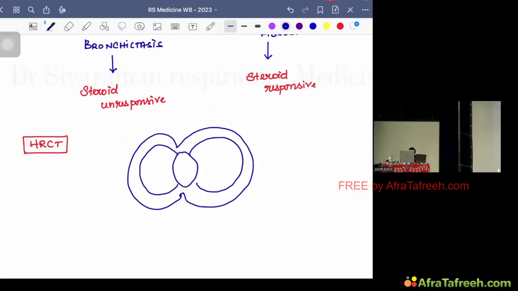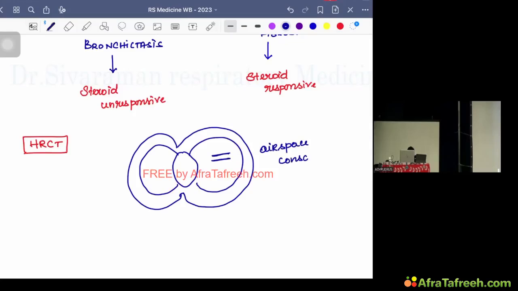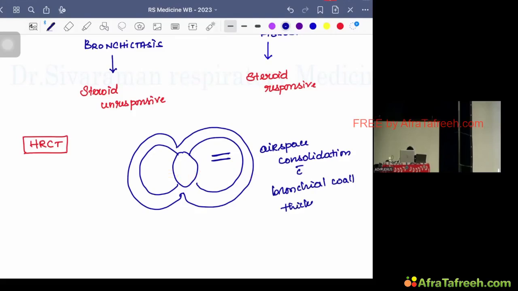They are going to have air space consolidation with bronchial wall thickening, that is, bronchial wall thickening or air space thickening with surrounding area consolidation.